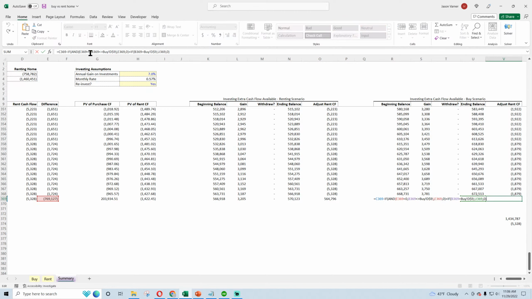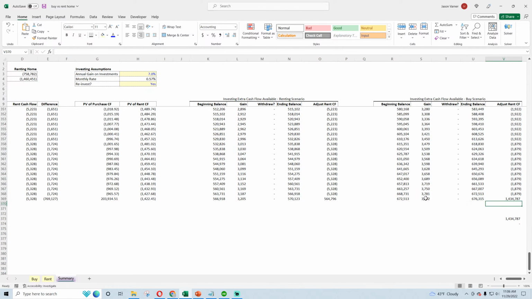If that's that and that's not that, then take E. Otherwise, if B equals that, then plus, because we are investing this for this period, this 5,328. So that should match.